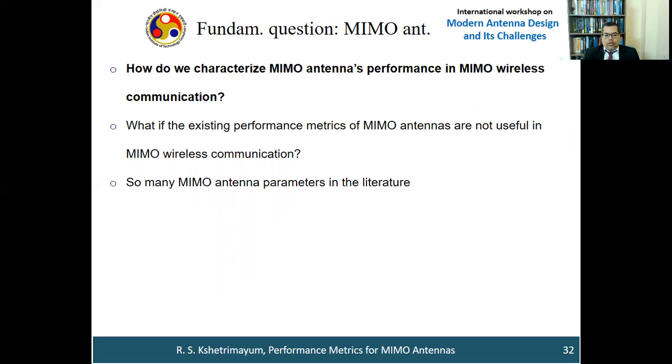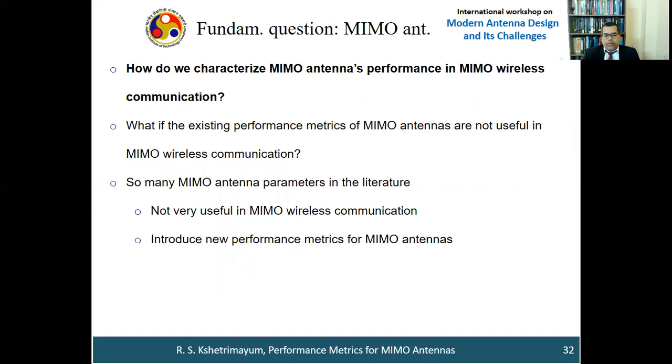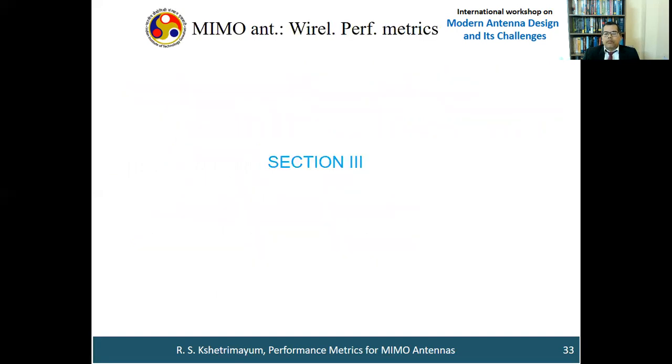So if the parameters in the literature are not very useful, we should come up with new parameters for MIMO antennas so that we can completely characterize the performance of a MIMO antenna in MIMO wireless communication. That is the purpose of section 3. Section 3 will characterize MIMO antennas in MIMO wireless communication. So these are performance metrics of MIMO antennas for MIMO wireless communications.